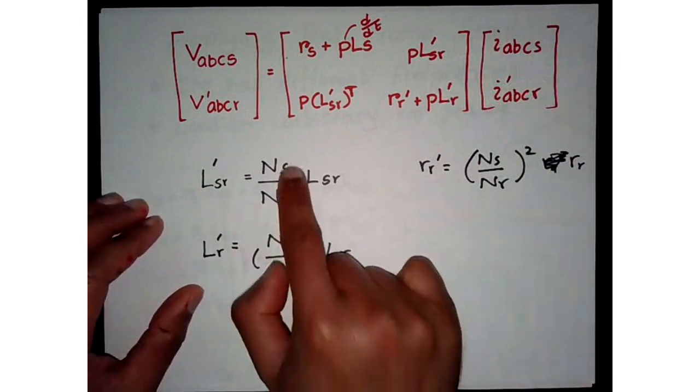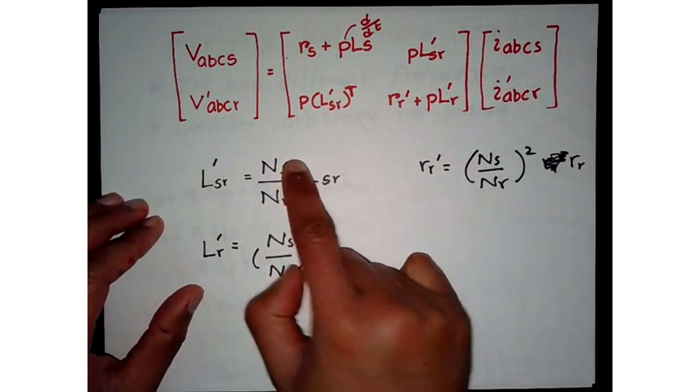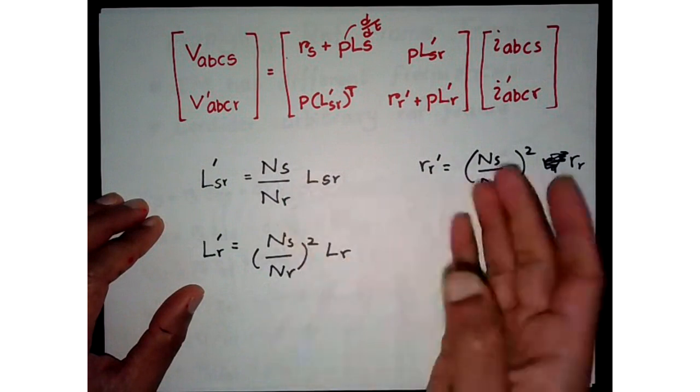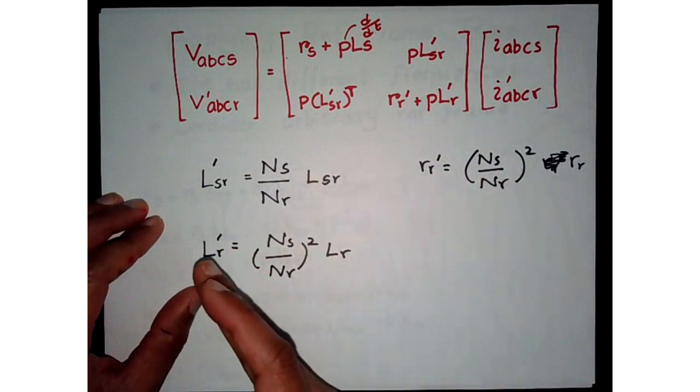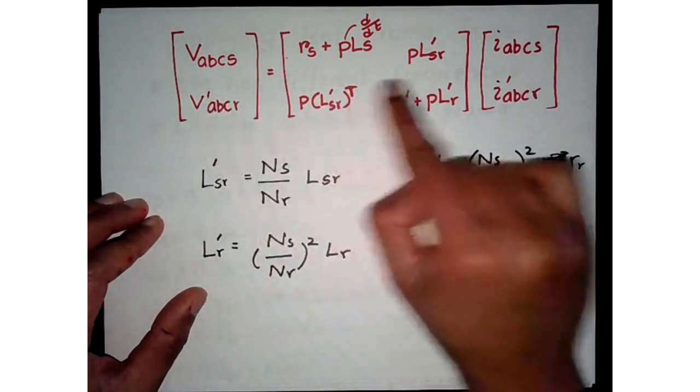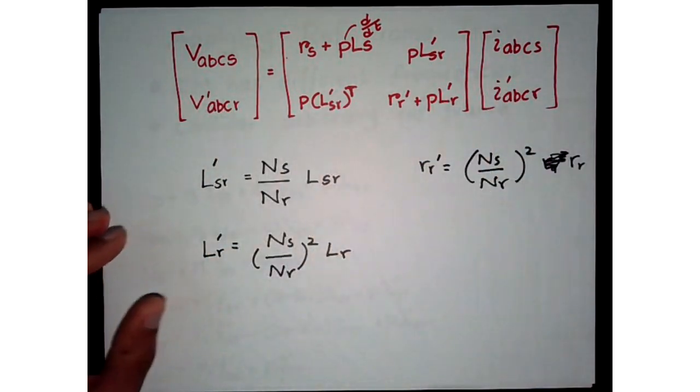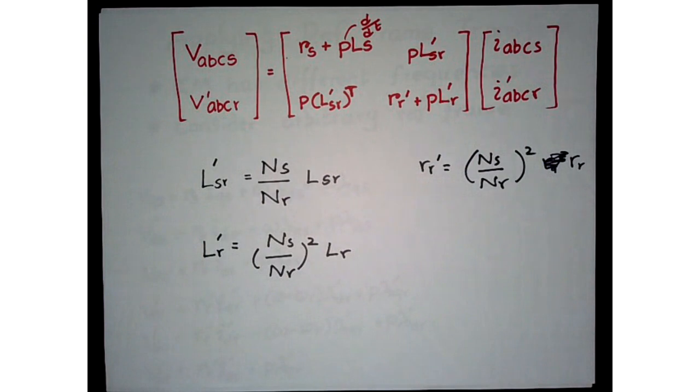We can use this transformation, the stator number of turns and the rotor number of turns, to transform those rotor variables to the stator side, right? And these prime variables indicate those transformed variables to the stator side.